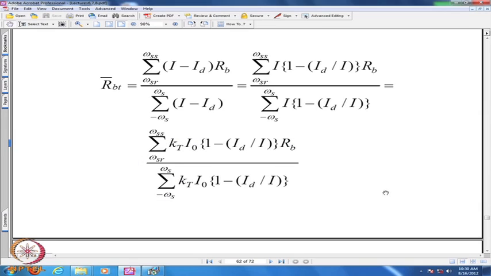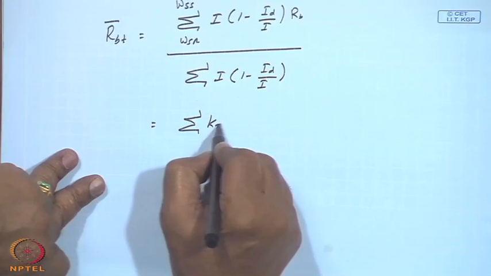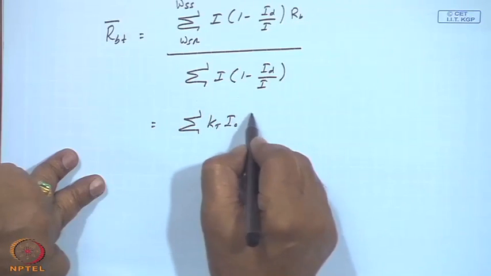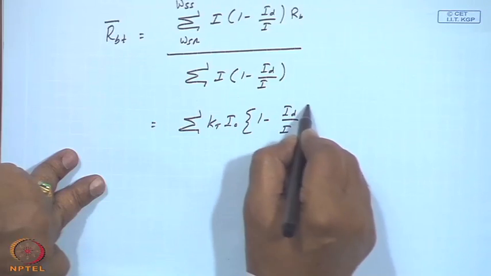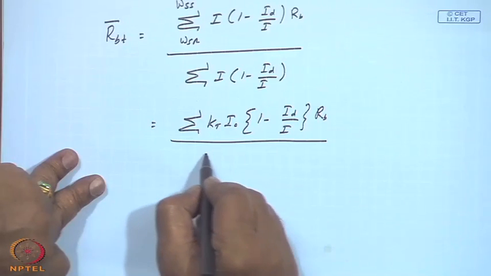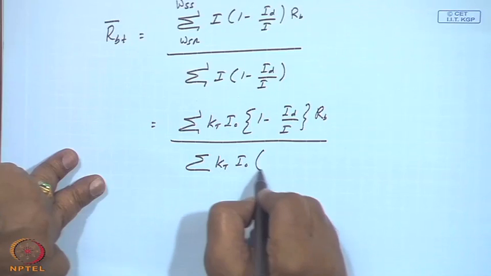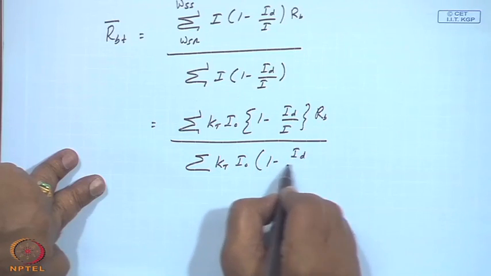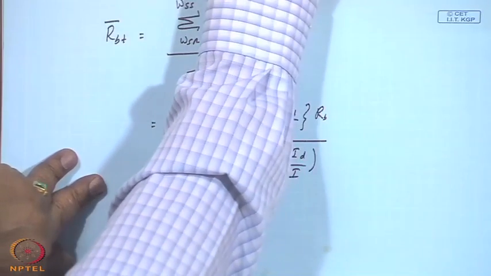So, this can be rewritten in terms of clearness index and the extraterrestrial radiation. It is a similar steps that we had followed earlier so far.